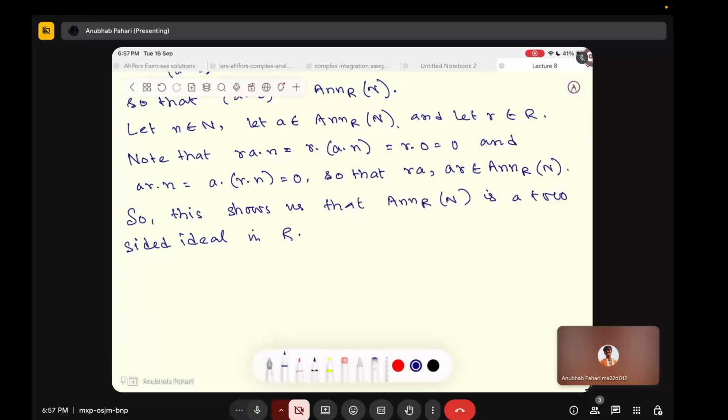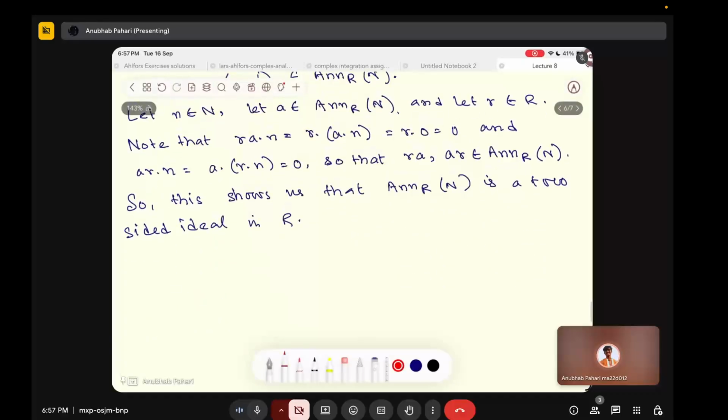Now, since we have seen the annihilator, let us see another kind of element, that is called a torsion element in a module.